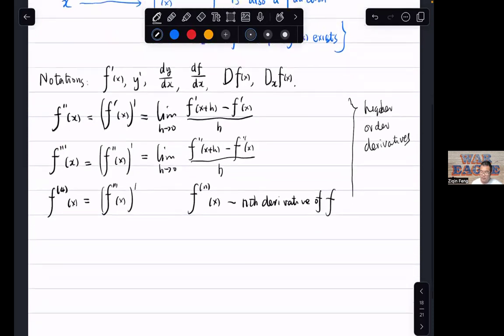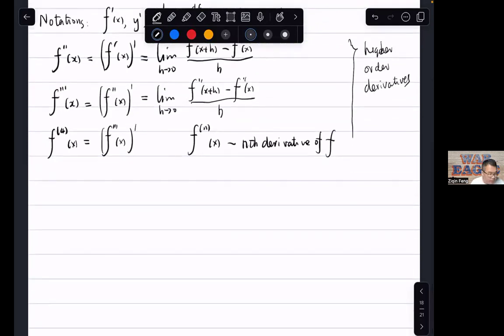So let's see a quick, easy example. We are given the function f of x equal to x squared plus 2. We want to find f prime of x, f double prime of x, and f triple prime of x.